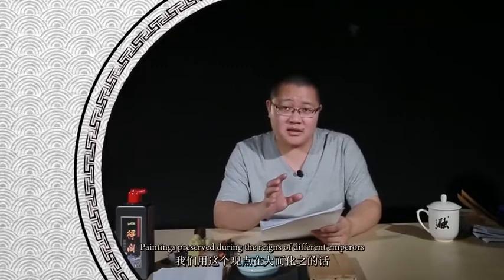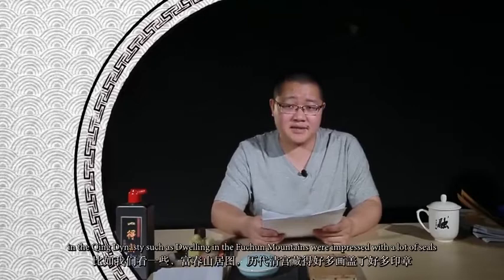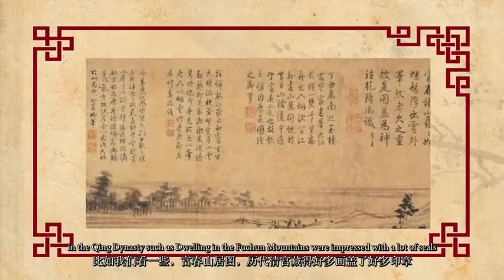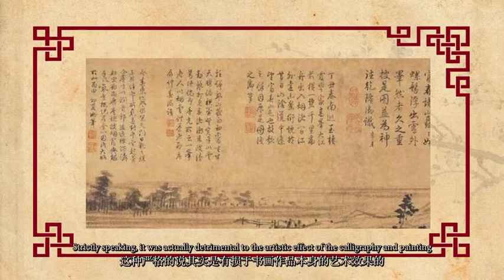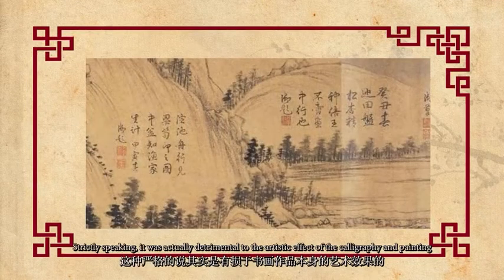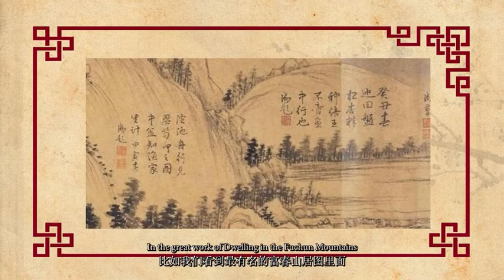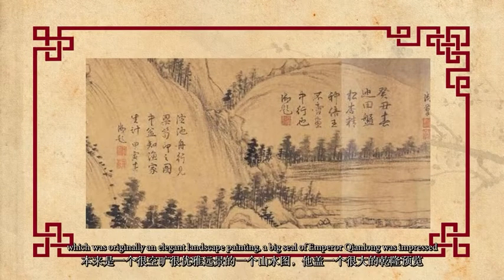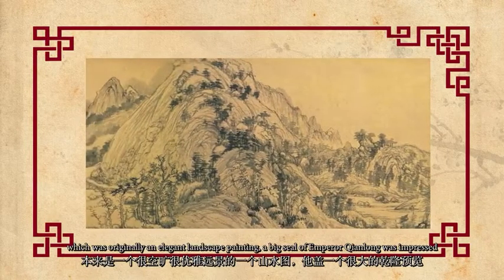So let's take a look at its history. All painting works over the past had a lot of seals from the emperors of the Qing dynasty, like Qianlong, Yongzheng, Jiaqing, and Daoguang. They were, in my eyes, actually damaged, a very bad damage. The painting named Dwelling in the Fuchun Mountains, for instance, gave a lot of space. But there was a very, very big seal from the Emperor Qianlong.